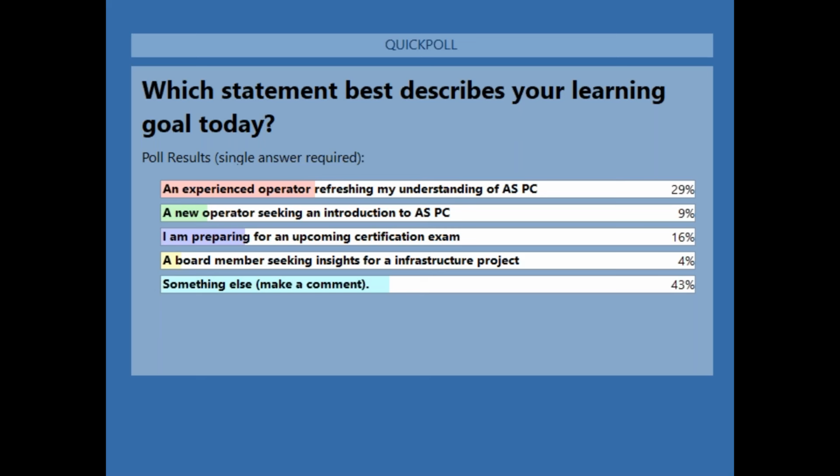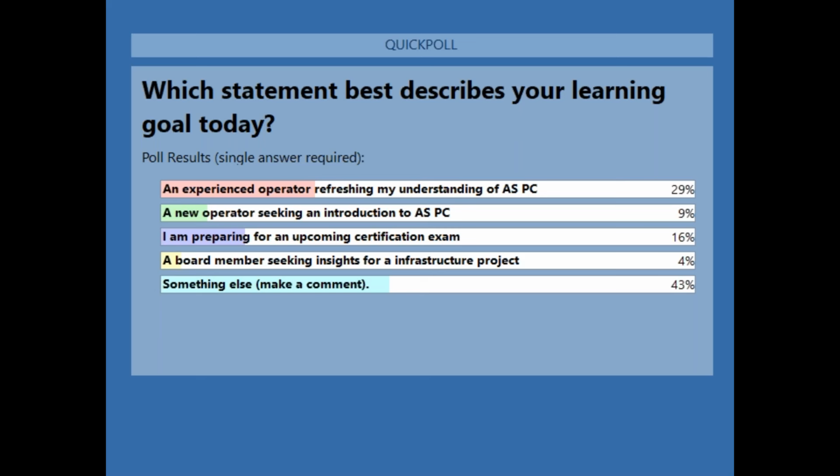I see they're a finance officer trying to learn about wastewater systems. They are state regulators, a bunch of state regulators coming in here. And then 29% had responded that they are an experienced operator, refreshing my understanding of ASPC.